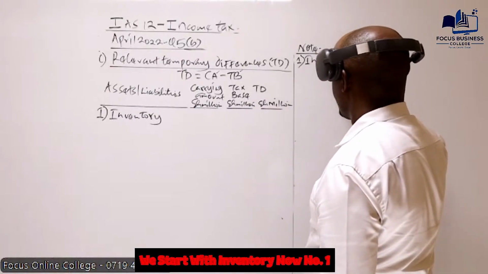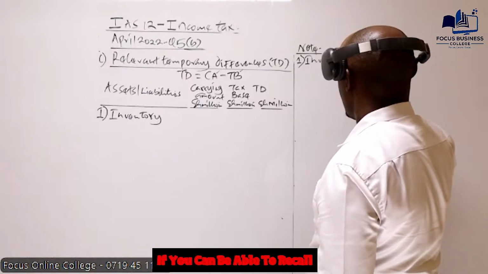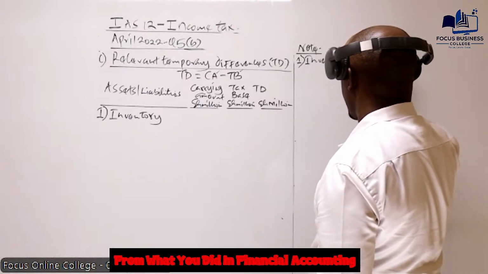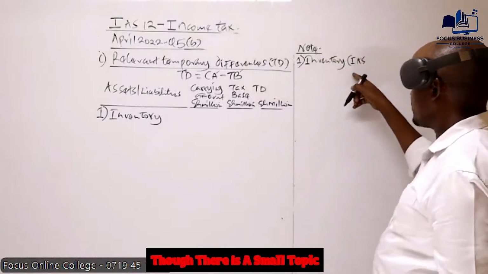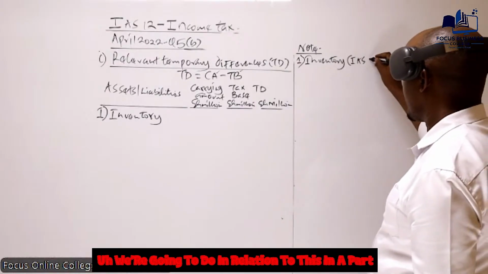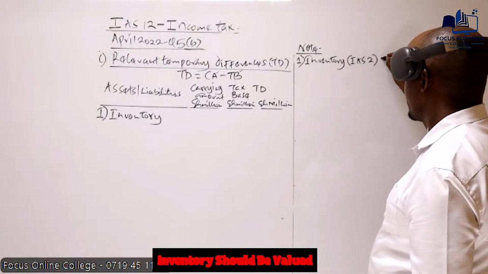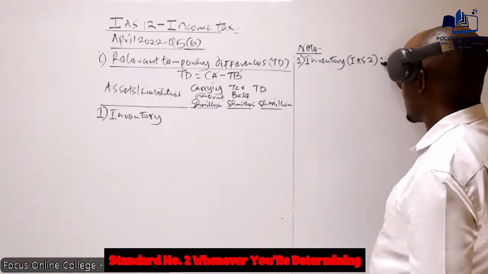I'll give you some notes which will help you to know how to determine carrying amount and tax base. We start with inventory. Number 1, if you can recall from what you did in financial accounting, inventory should be valued in accordance with International Accounting Standard number 2.